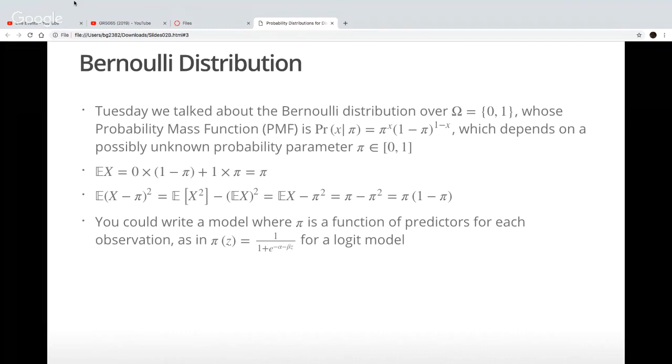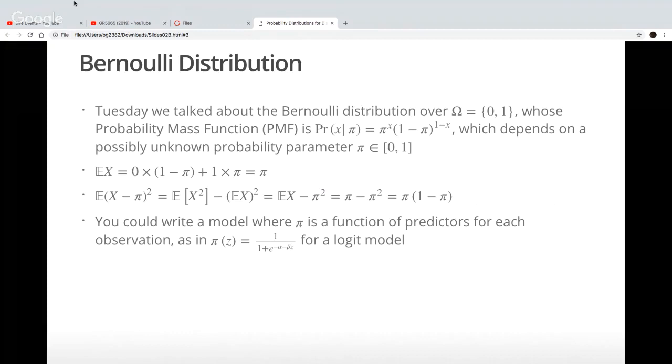The Bernoulli distribution is really the only one that can be used in this very common case where the outcome you're considering is just success or failure. Did you vote or did you not vote? Did you get a job or not have a job? Stuff like that. In that case, like a logit model, and we'll get to this in a couple of weeks, we can write pi as some function of predictors.